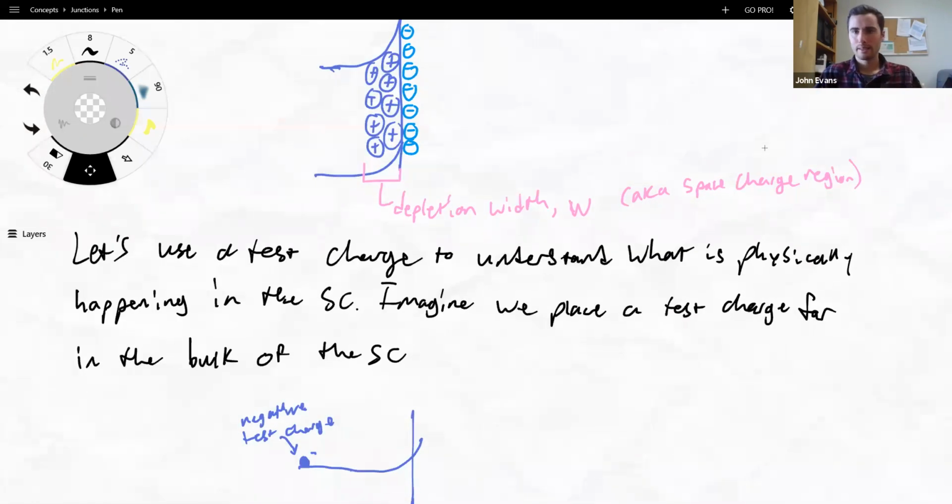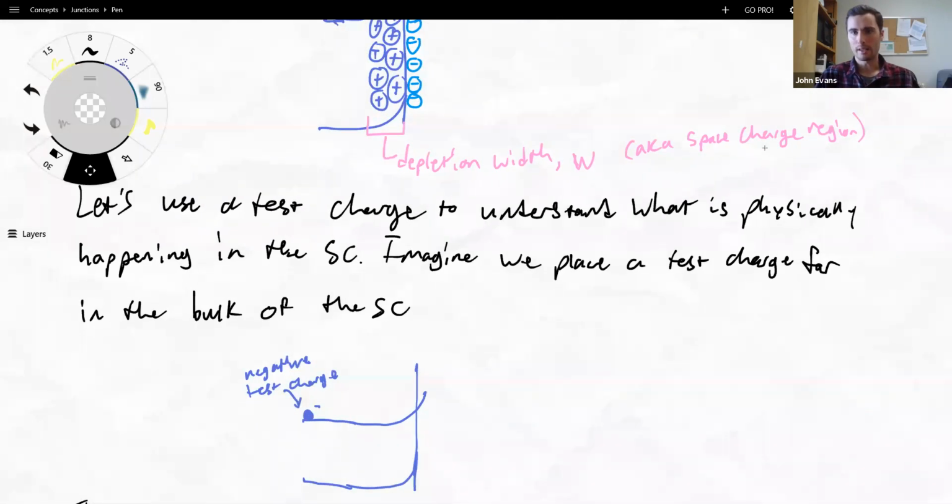So let's see what's going on here physically, using physics, by taking a test charge, and we're just going to drop it way over in the bulk of the semiconductor, so far away from the junction. And we're just going to move it closer and closer to our junction and see what it feels.